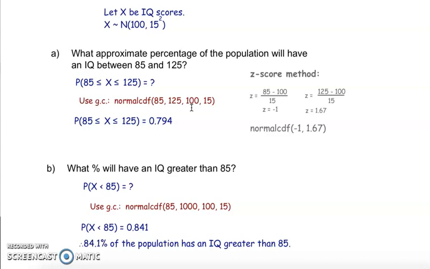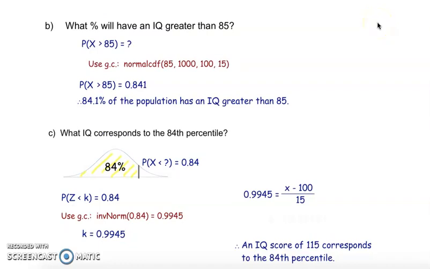And then calculate that, 79.4%. If you prefer the z-score method, you can convert each of these IQ scores, 85 and 125, into the respective z-scores using normal CDF without changing the mean and the standard deviation. So you're sticking to 0 and 1 as your mean, mu and sigma. You will also get the same answer.